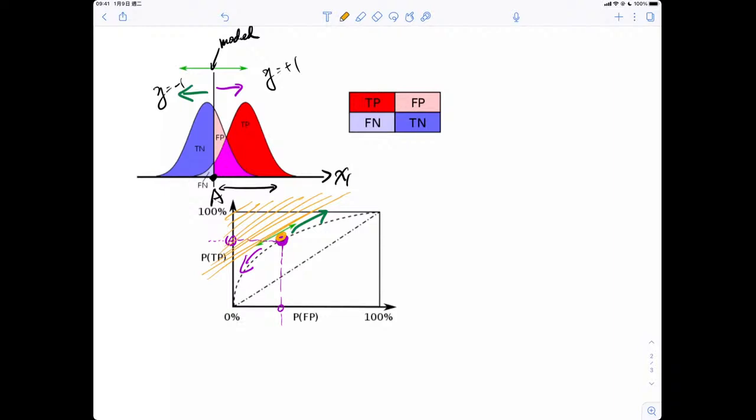But for some applications, as we mentioned before, such as cancer detection, for example, y +1 means has cancer, and the left hand side -1 means no cancer.